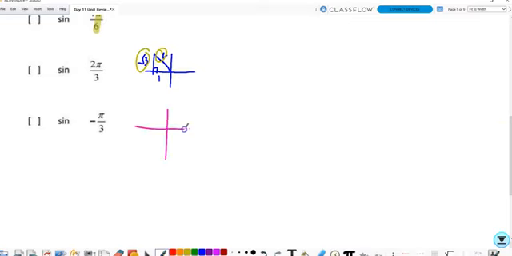Negative pi over 3. Y over r, yes, that is equivalent. So make sure you can do this entire review independently and confidently, and then you are ready for the test.